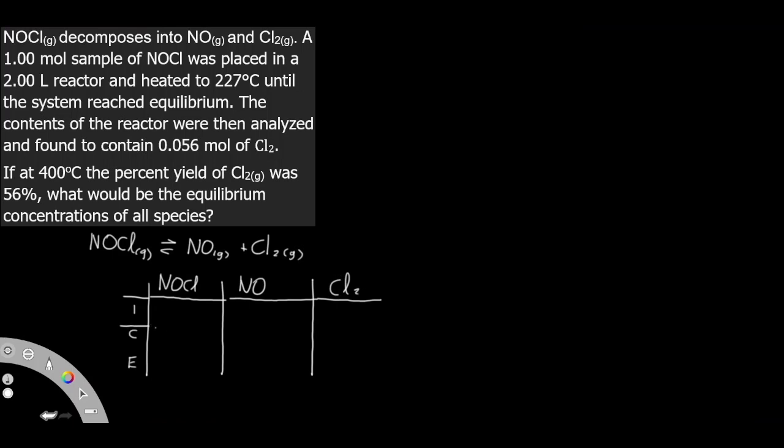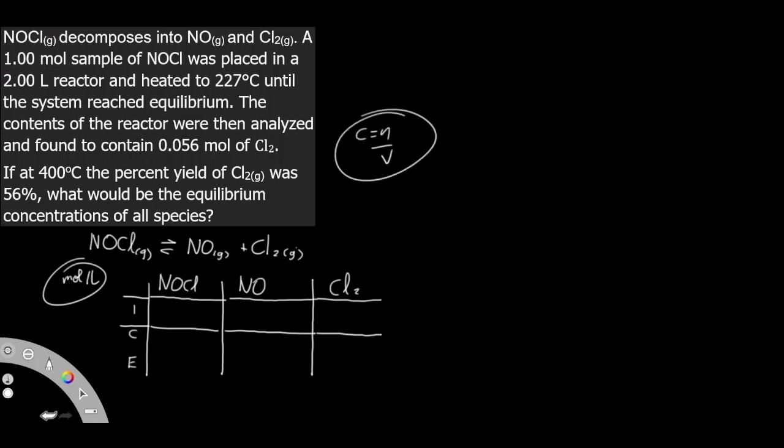So we'll first tackle the I's over here. Initially, what do we end up getting? Again, always use a disclaimer that this is all going to be in concentration. For NOCl, we had 1 mole over 2 liters. We all know that the formula for concentration is n over V, so we have 1 mole over 2 liters. 1 divided by 2 gives us 0.5 moles per liter. So that is for NOCl.